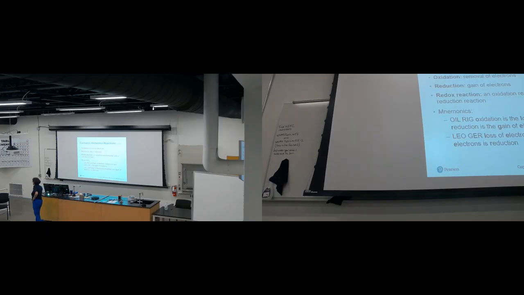Now, in redox reactions, you have removal of electrons in oxidation and gaining of electrons in reduction. They are coupled. You have to have a molecule that is oxidized while the other one is reduced. So there is this mnemonic, OIL RIG. Oxidation is loss of electrons, O, L, and then RIG: reduction is the gain of electrons.